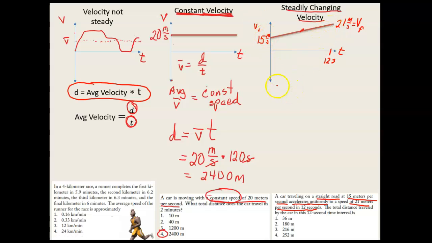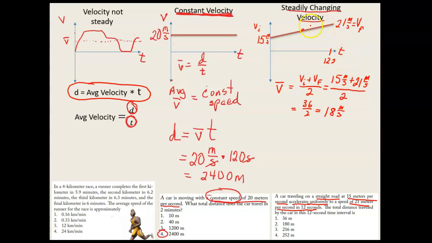So average velocity is my initial velocity plus my final velocity divided by 2. Just average them. Now my initial velocity is 15. My final velocity is 21 meters per second. So I'm just going to add them up and divide by 2, which gives me 36 divided by 2, which is 18 meters per second.